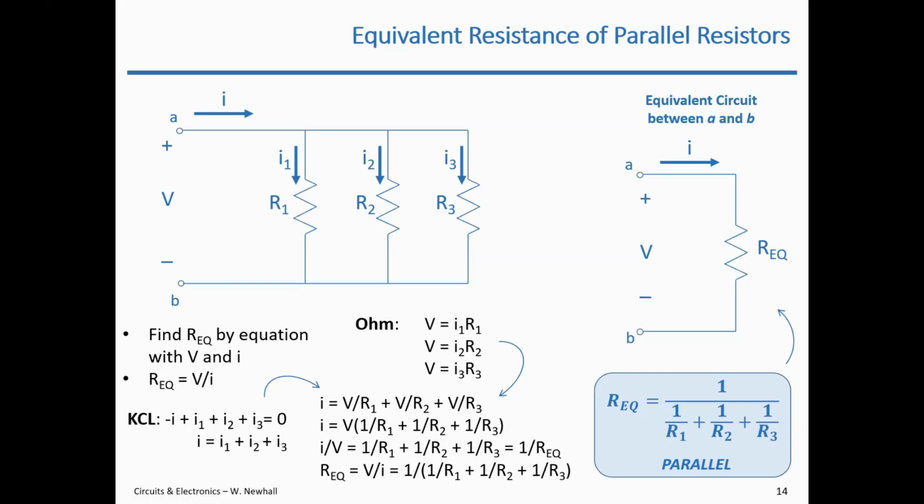So this reciprocal of resistance shows up every once in a while, and sometimes it's convenient to work with the reciprocal of resistance. And we actually have something defined that is the reciprocal of resistance. It's called conductance.